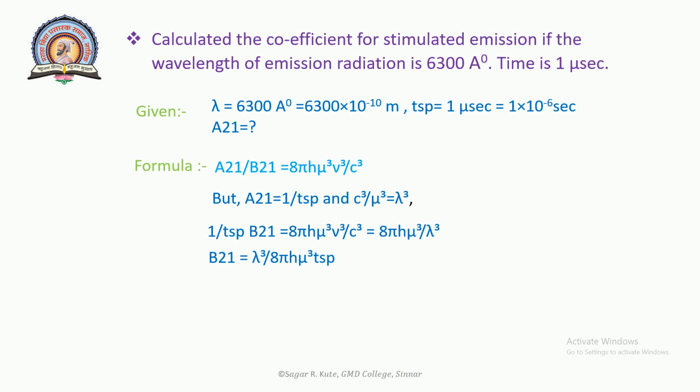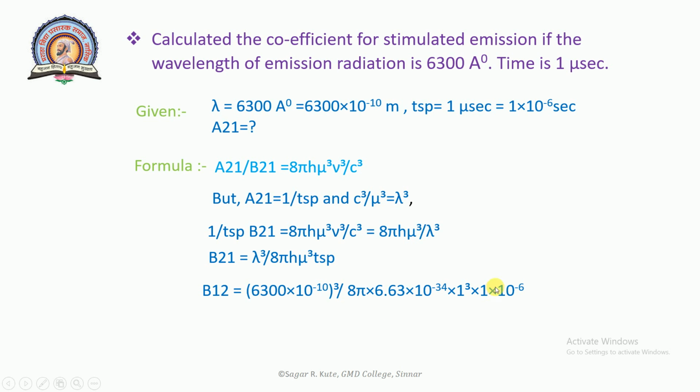Now put this value: B12 is equal to 6300 into 10 raised to minus 10 whole cube, that is lambda cube, upon 8 into pi, value 3.14, into 6.63 into 10 raised to minus 34 into the spontaneous lifetime value 1 into 10 raised to minus 6.